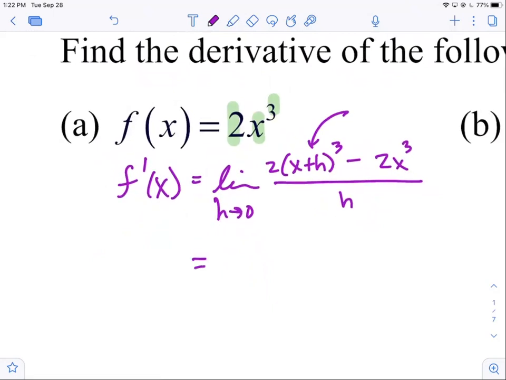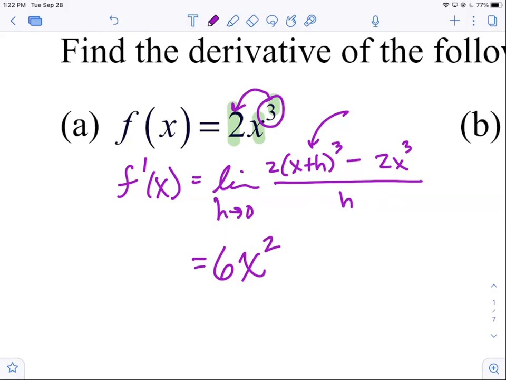Or hey, watch this. What's 3 times 2? 6 times x to the, what's 3 minus 1? 2. What? Really? Is it magic? No, it's not magic. It's a result of the limit definition done on a general form, a x to the n, using high-powered algebra.